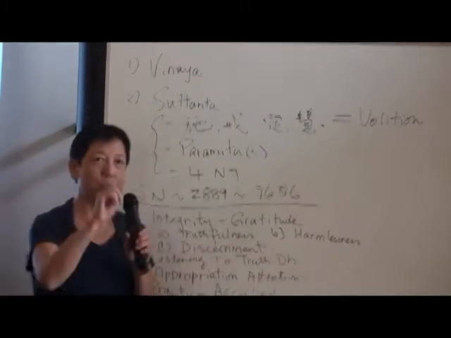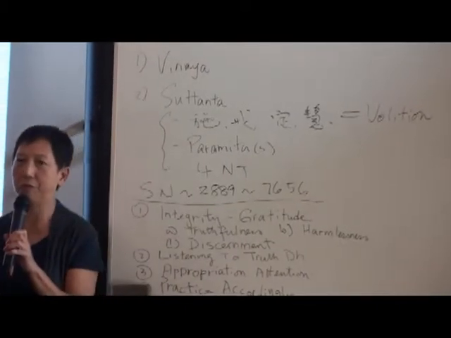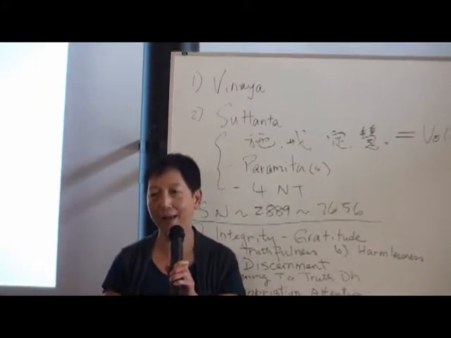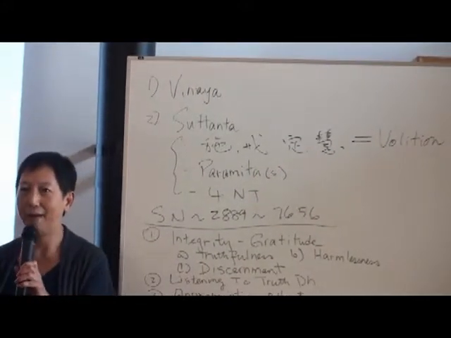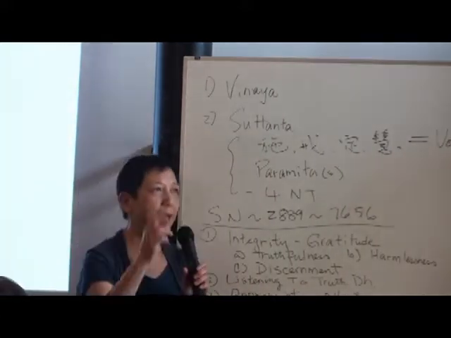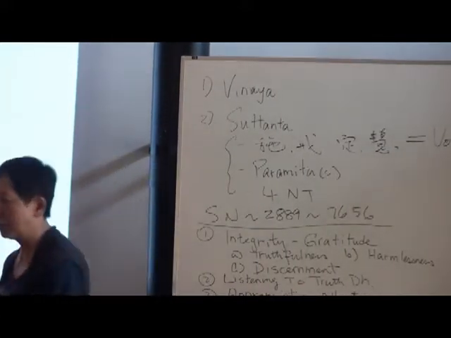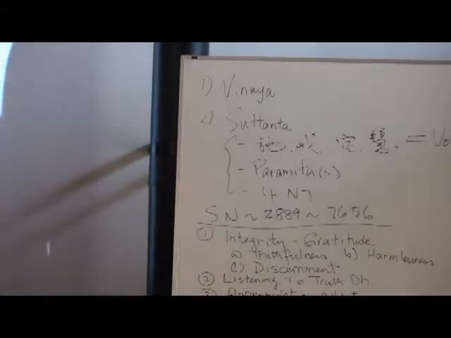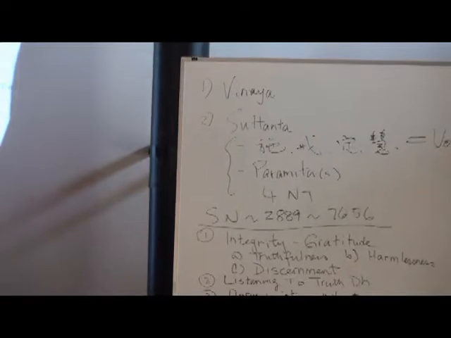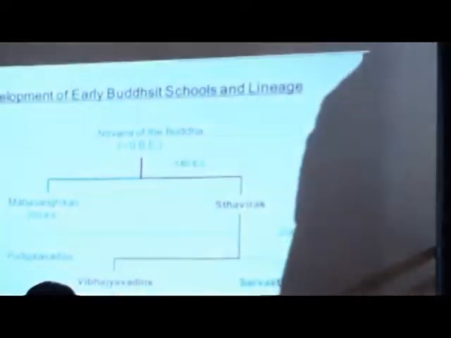And it traveled north to China, and south to Southeast Asian countries like Sri Lanka, Thailand, Burma, and Vietnam. Vietnam is kind of in between. Let me see if I can find the slide that I want to show you. Here.